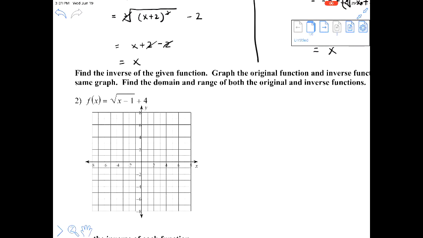Okay, first task is to find the inverse. So remember, in order to find an inverse, we switch the place of x and y, and instead of f of x, you can think of that as y. So the first step would be to switch that y to an x, so x equals square root of y minus 1 plus 4.